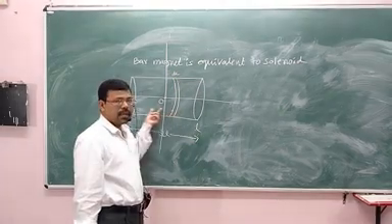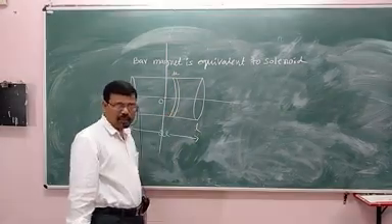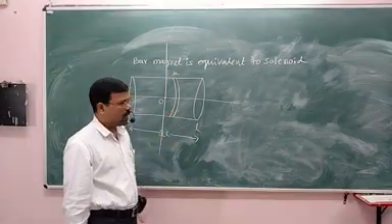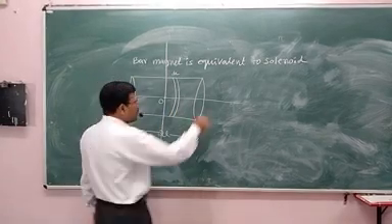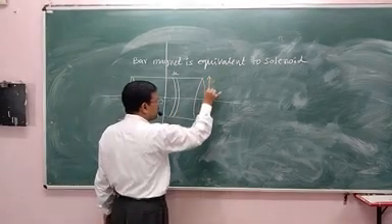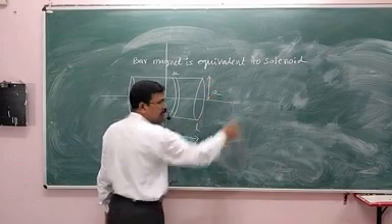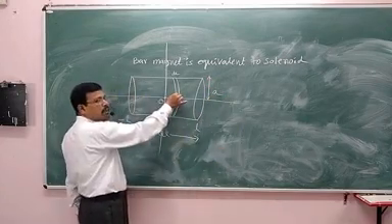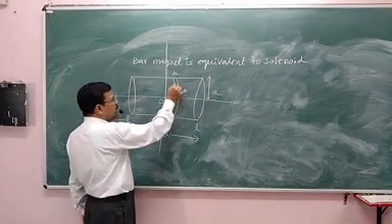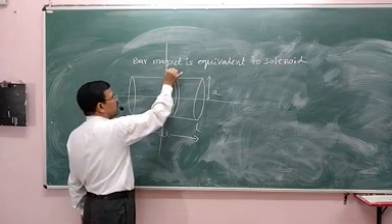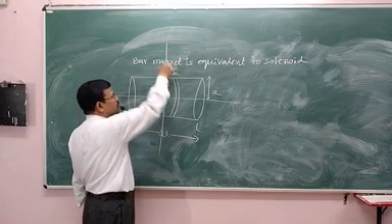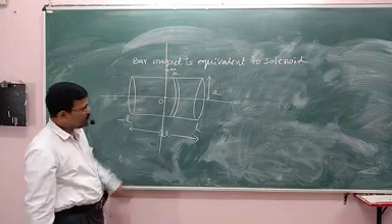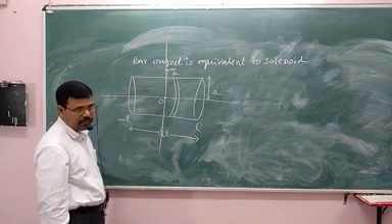Like this, there are plenty of elements available in the solenoid. The radius of the solenoid is a, and this current element is at a distance x from the origin, from the equatorial line.